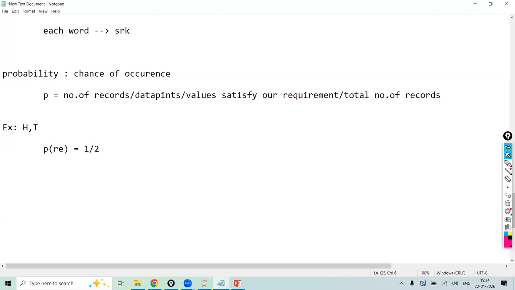In the bracket we write the requirement: the probability of requirement.